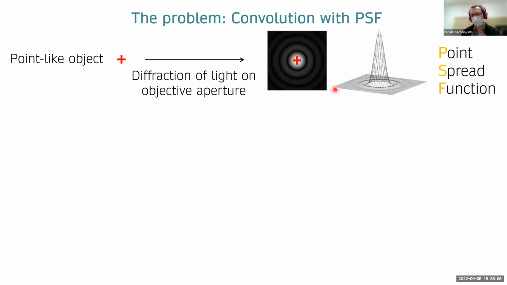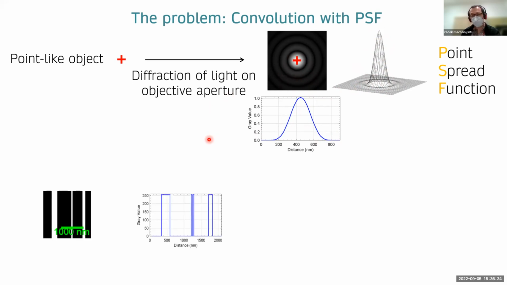For a lot of practical purposes, it can be approximated by a Gaussian function, which describes quite well the central peak of an Airy function. And when we have not just a single point-like emitter, but some structures of finite dimensions, so something that could be considered as a distribution of many point-like emitters, then there will be the point spread function.